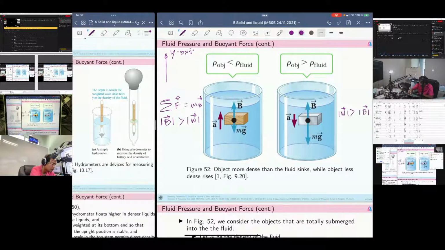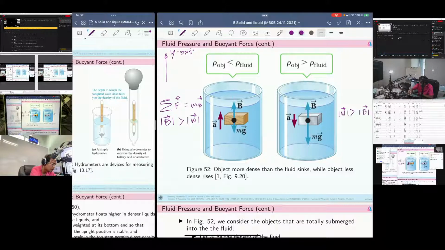It means the acceleration of this object is going to point in the opposite direction to the y-axis. It means this object will go down, because the weight is greater than the lifting force, or the buoyant force. You get that.